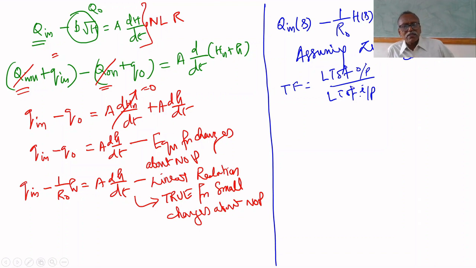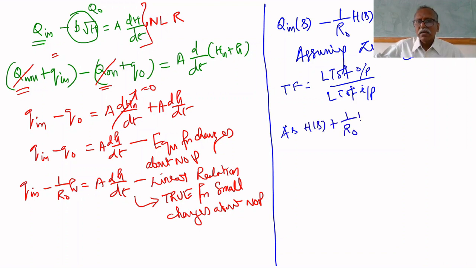Here the output is H of S. That's why we can write this equation as A S H of S plus 1 by R naught H of S equal to Q in, or we can say R naught A S H of S plus H of S equal to R naught Q in.